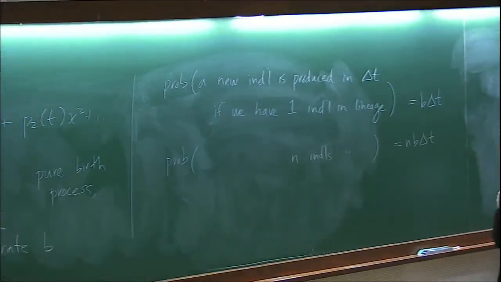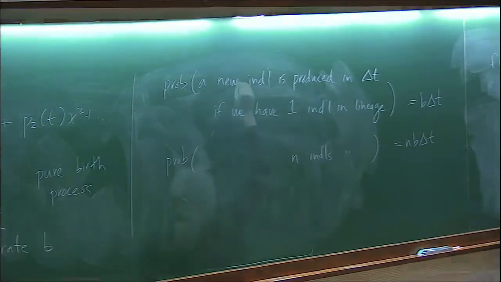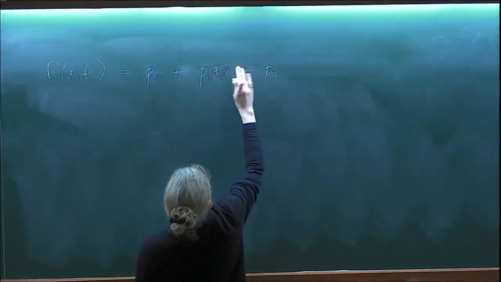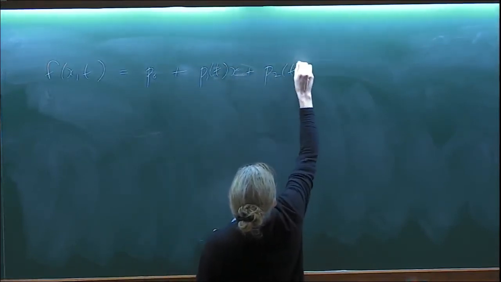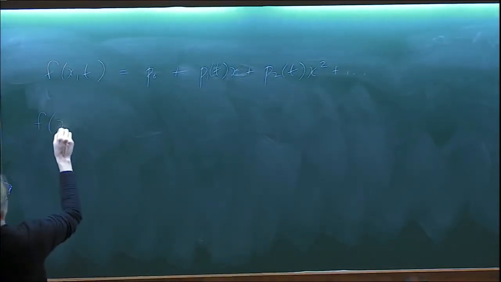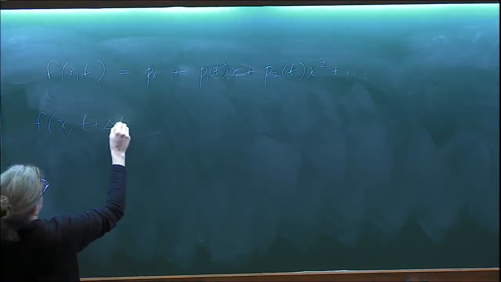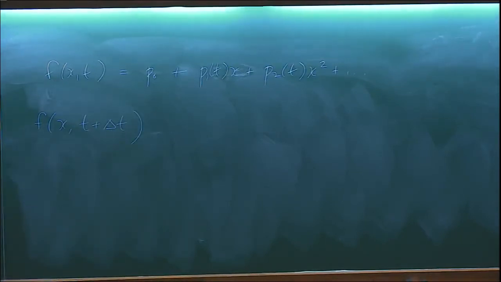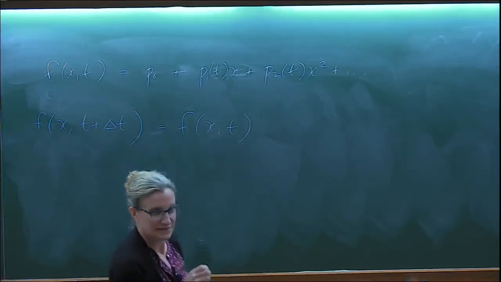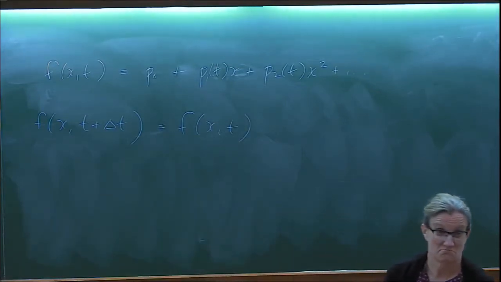So if the probability generating function at t looks like p0 plus p1(t) x plus p2(t) x squared, the question is, what is f of x, t plus delta t? Okay, so it's going to be exactly the same as it was, except for the things that change. So exactly the thing that it was. And what can change? A birth is the only thing that can change.